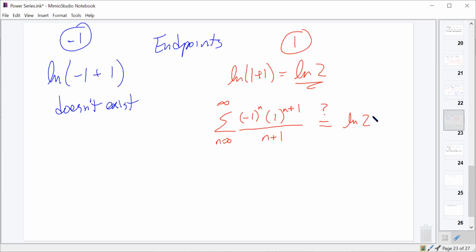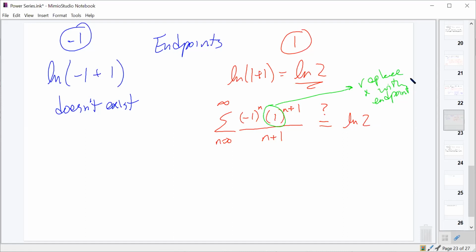And so that's what we want to know. That's what we're going to try and evaluate. Does that make sense to everybody? So what we've done is we've replaced the x with our endpoint.